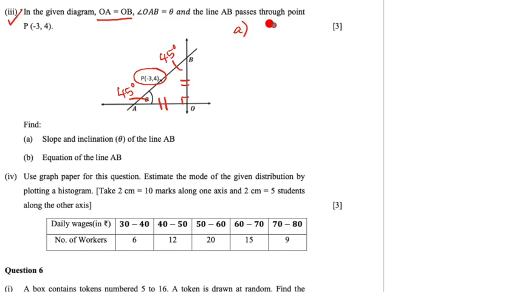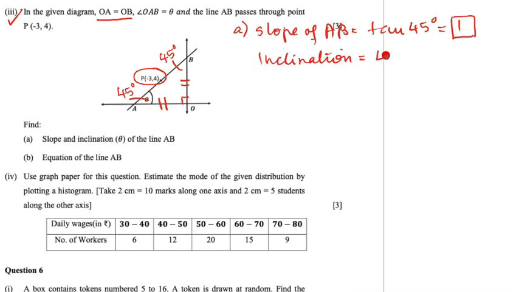So for part A, slope of AB will be equal to tan of 45 degrees, which is equal to 1, and also inclination will be equal to theta, which is 45 degrees. Okay, so this is your answer for part A.